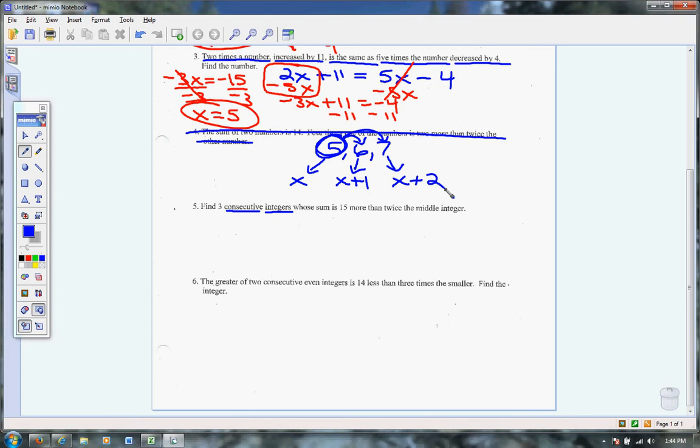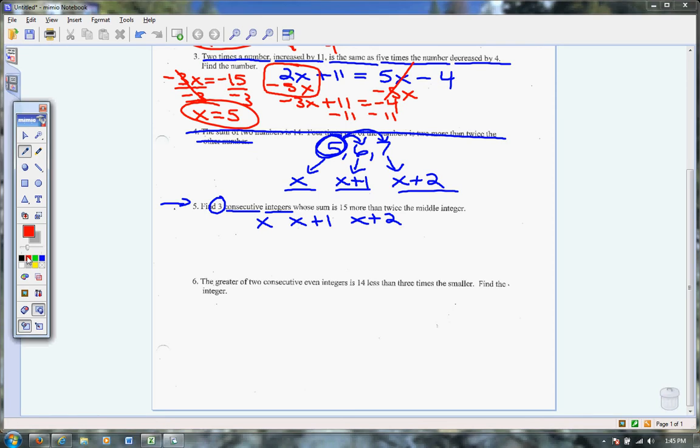Now, that's very important for solving the problem because number 5 says find 3 consecutive integers. Well, here's our 3 consecutive integers: x, x plus 1, and x plus 2. But then it says whose sum.